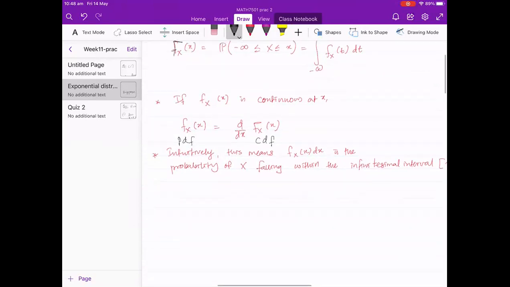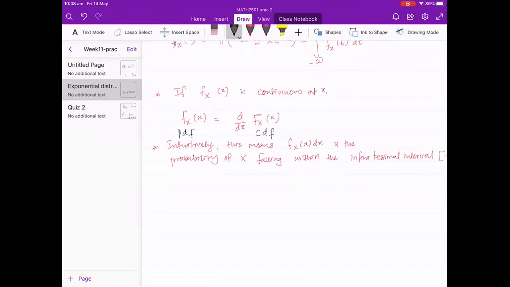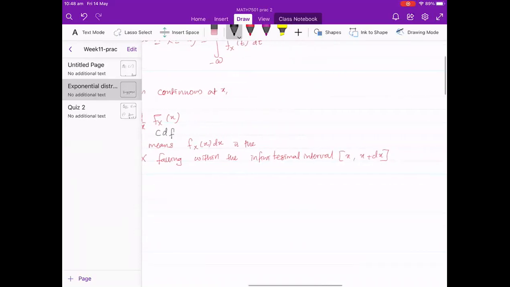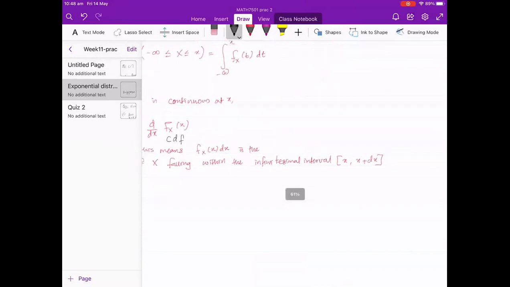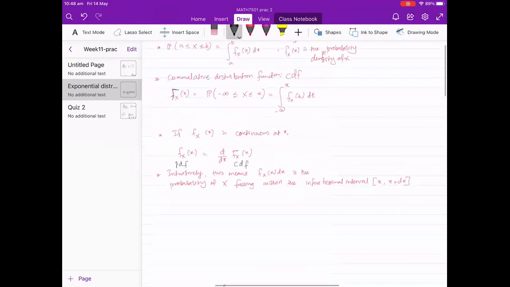Intuitively, this means the PDF times a small value dx is the probability of X falling within the interval x and x plus dx. So that's the relationship between PDF and CDF.